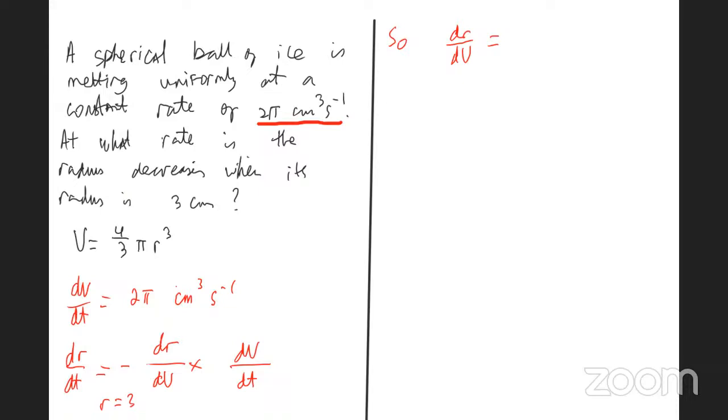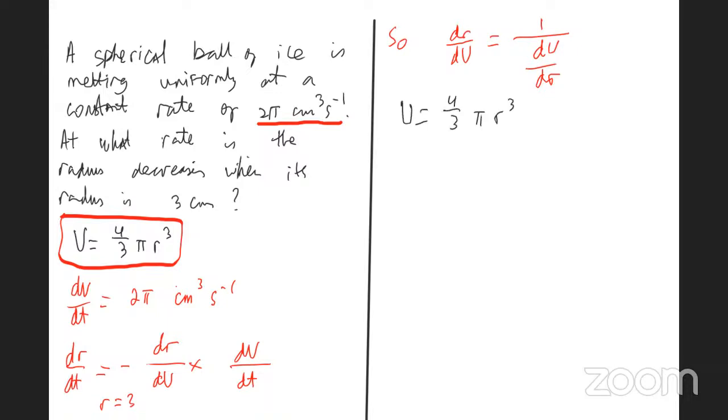Look at what we have here. One over, yes. Very good, Rian. So we could find dV/dr and then flip it over. V is equal to 4/3 pi r cubed.